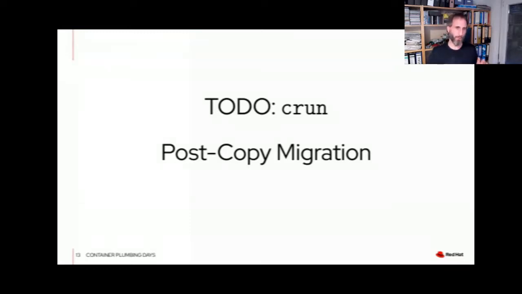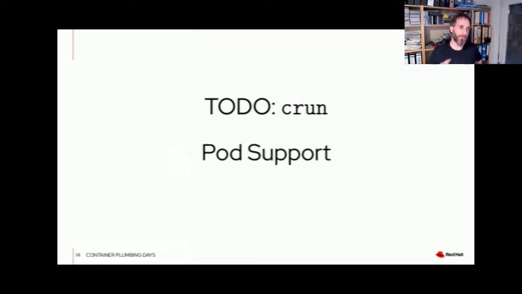As far as I know, nobody uses RunC's post-copy migration yet, so we're not in a hurry to implement it also in crun. Then all the things I talked about, pod migration, checkpointing out of and into PID namespaces and nested bind mounts is also not yet possible with crun, unfortunately.